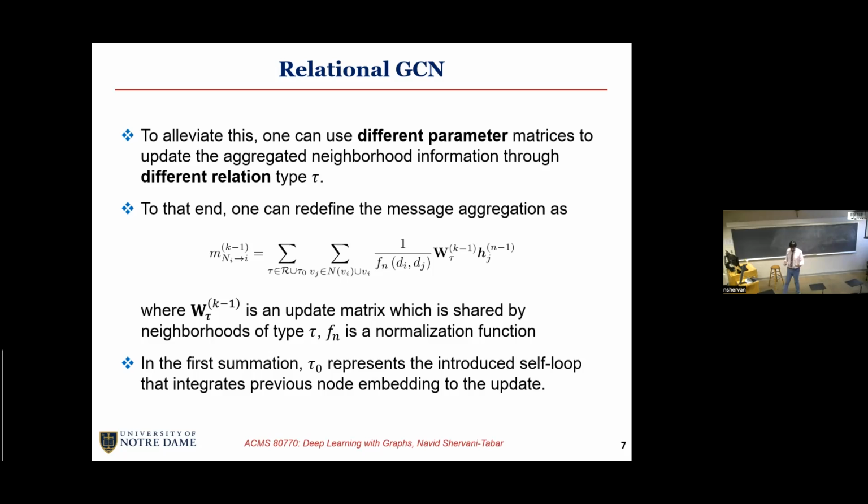We introduce self-loops because we want our embedding at level k to be informed by the embedding of the node at step k-1. So that's also included in our different types of relations. So the self-loop we added.